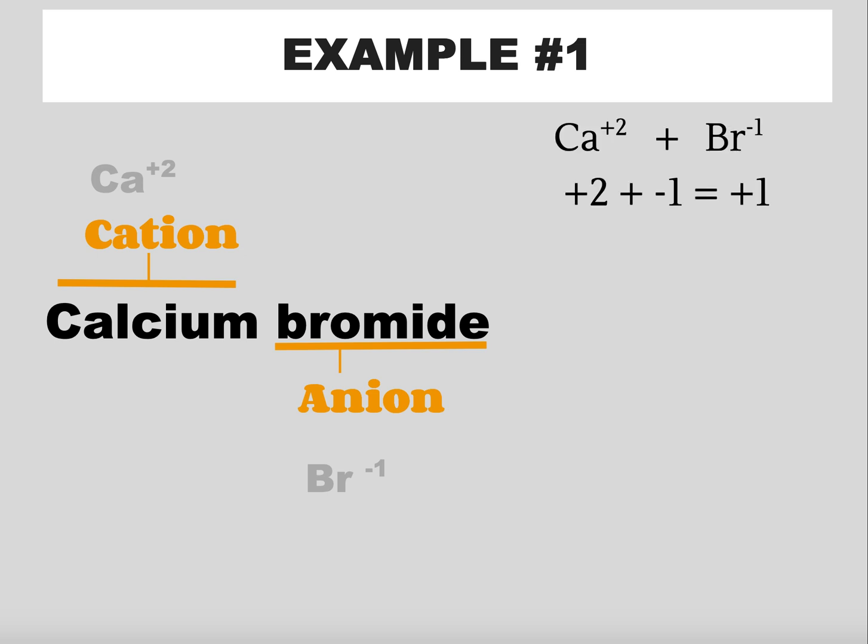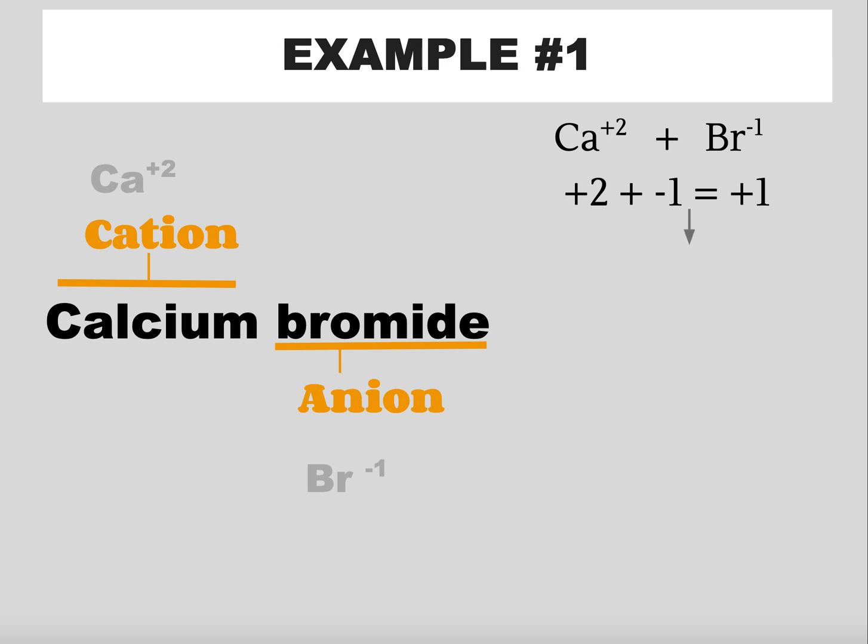If I were just to add them together, focusing on the charges, plus 2 plus negative 1 does not equal 0. My purpose here is to make the charges equal 0. So the question is, what do I have to do to make the charges equal 0?